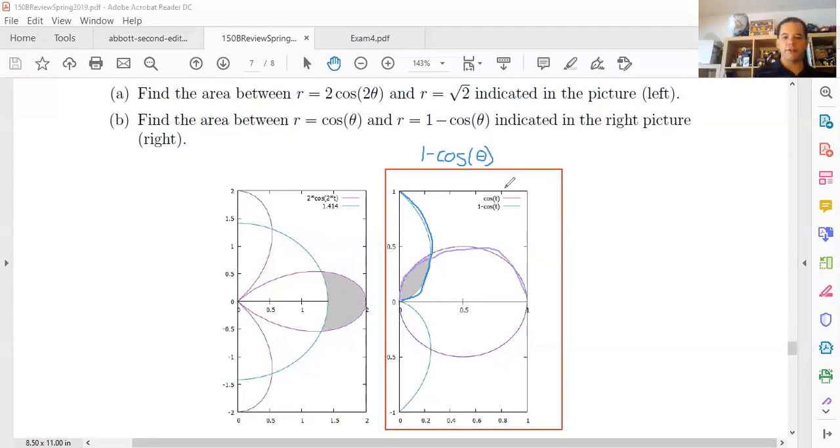So the purple one is cosine. The first thing you need to find out is where they intersect, because you're going to integrate. So the area between 2 curves, let me switch to that. If you have the area between 2 curves, and you'll see my picture in just a moment.